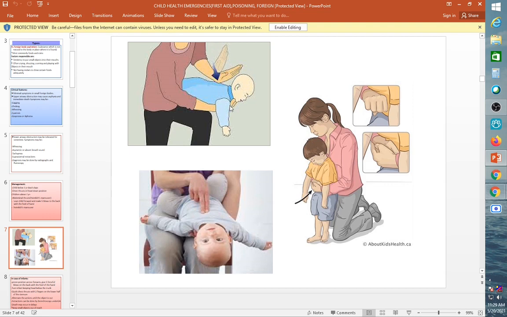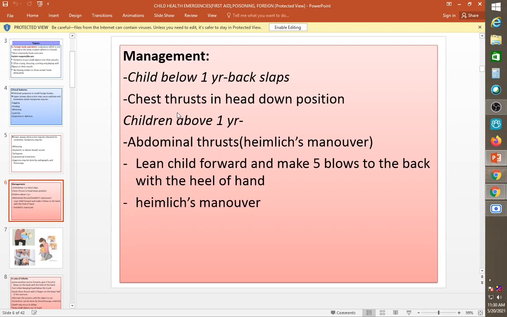You see how the child is being held. You see the hand, how it is moved. So this is known as back slap. This is done for a child who is less than 1 year.